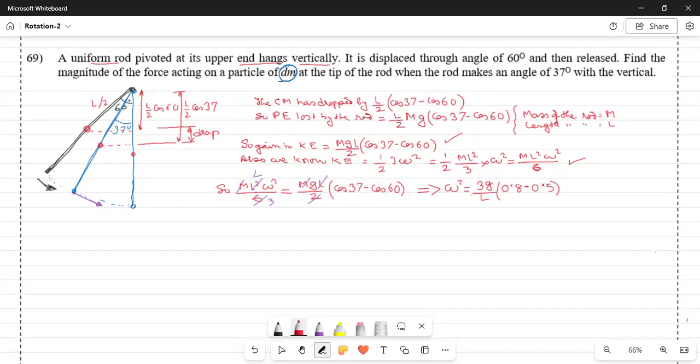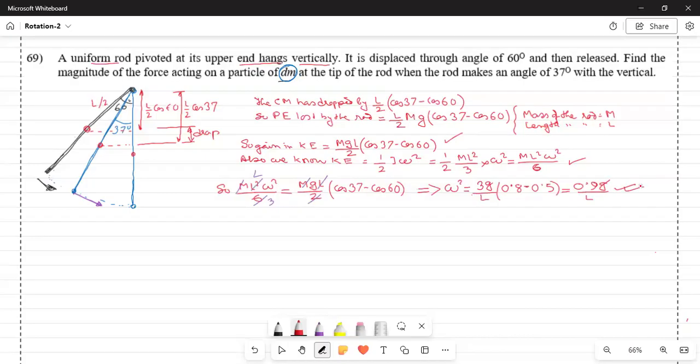If we calculate, this becomes 0.9 g by L. This is one relation we have got.